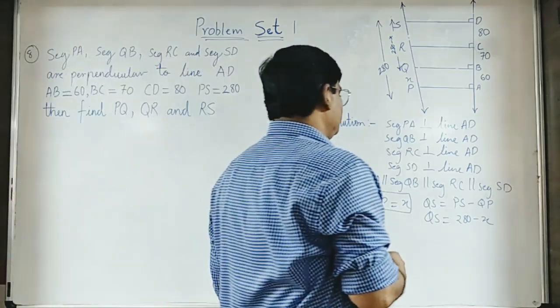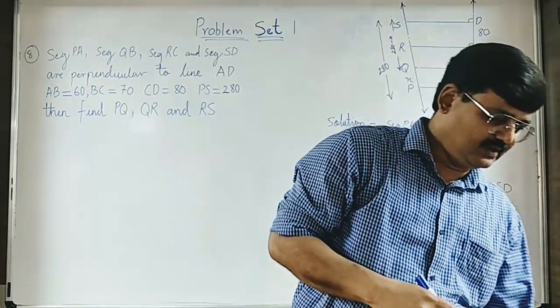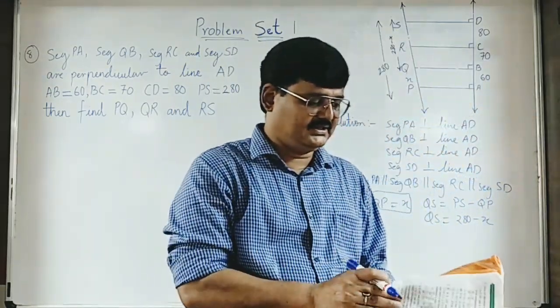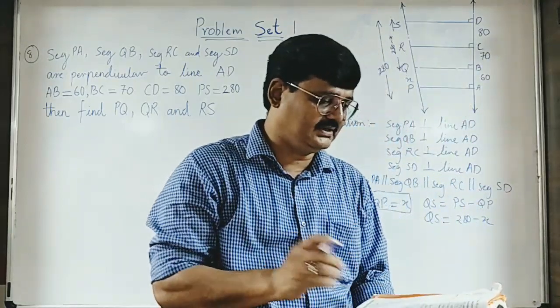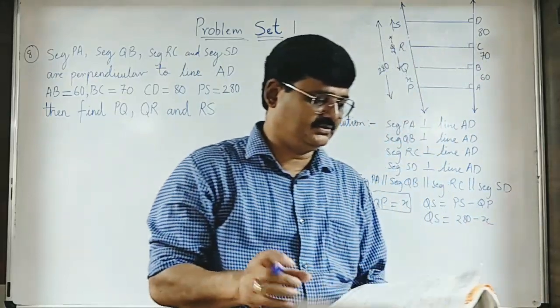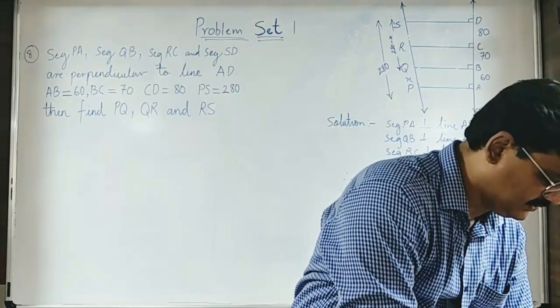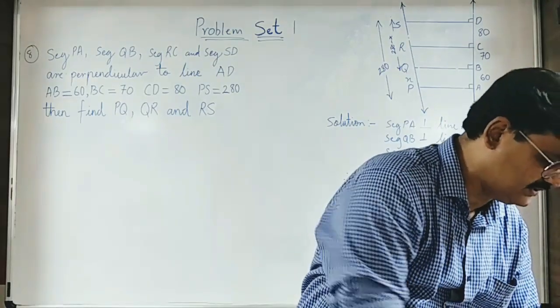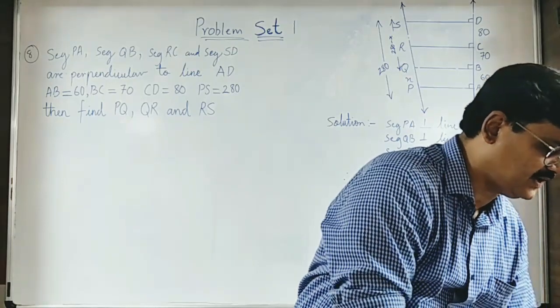Now, can I apply the property of intercepts made by three parallel lines? We have that property, correct? So can we apply that property here? Now how to apply it: I'll first find out the property of the three parallel lines and the transversal.